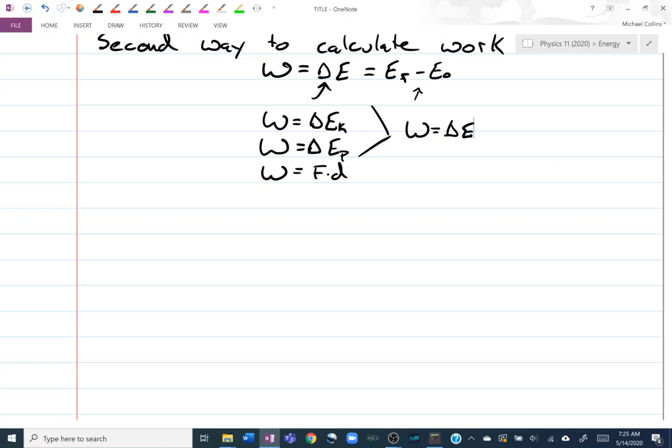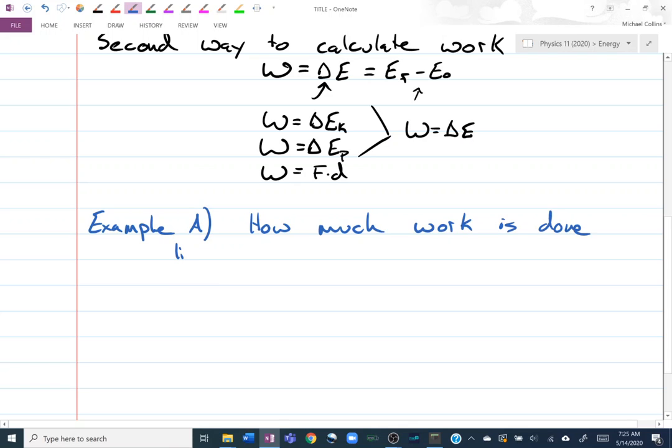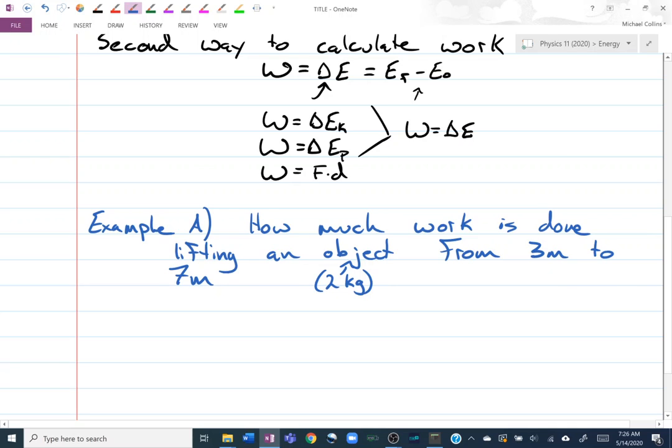Let's look at an example. I can't remember what example number we're on, so let's just call it A. Example A. How much work is done lifting an object from 3 meters to 7 meters, and I should probably give this object a mass, let's give it a 2 kilogram mass.